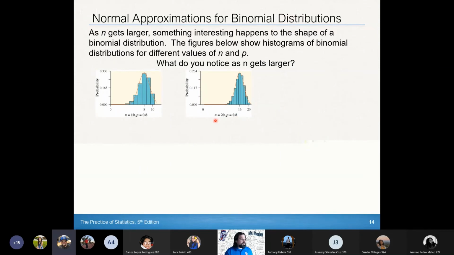We have the same probability here, but now n is 20. Now we've moved our sample size up to 50, same probability. The shape goes from skewed to approximately normal. This is a good thing. This allows us to do more stuff.